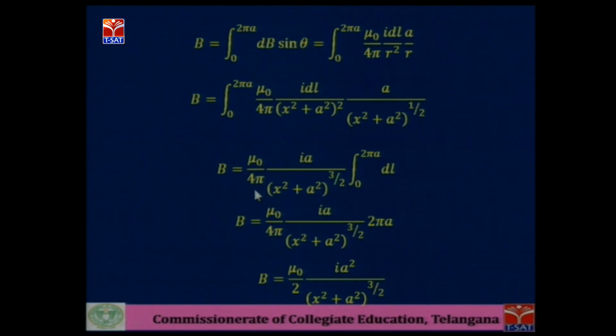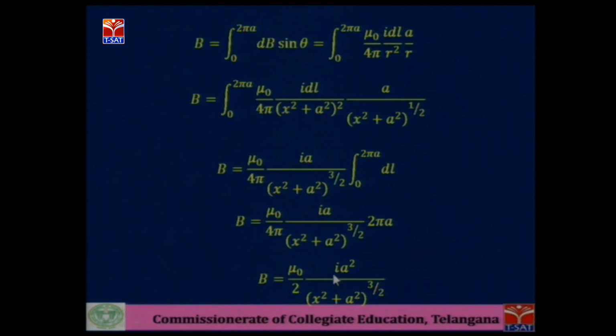These all come out of the integration, whereas only the length element is integrated here, and that integration comes out as 2 pi a. So if that is substituted, we get B is equal to mu naught by 2, I a square by under root of x square plus a square to the power of 3 by 2. This is the magnetic field at the point P, which is taken at a distance r from the axis.